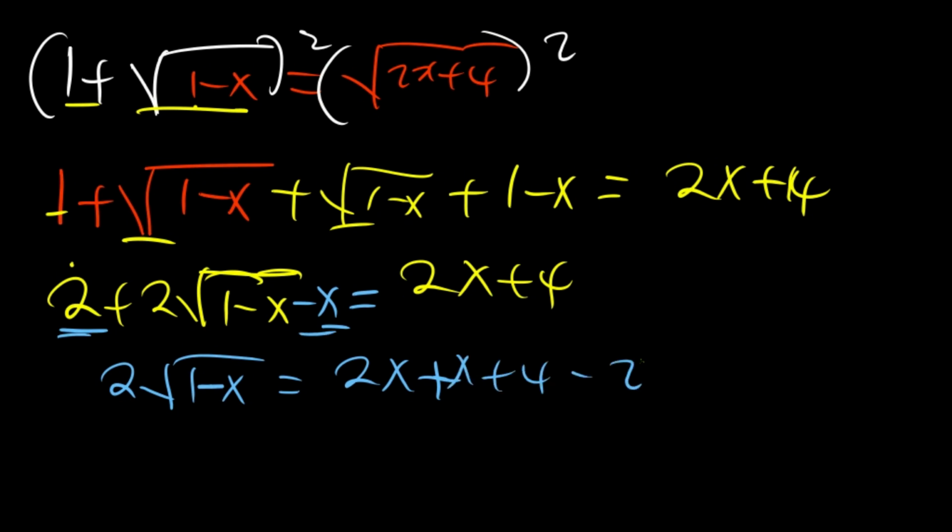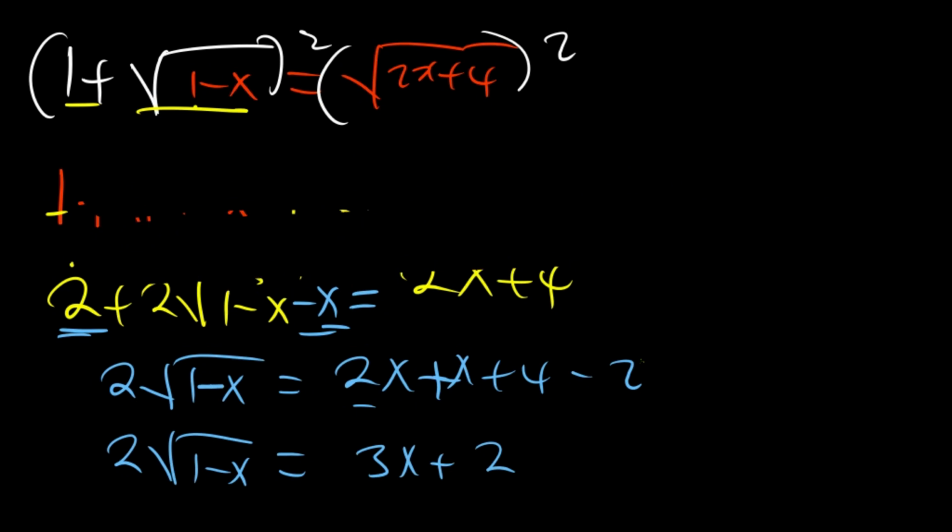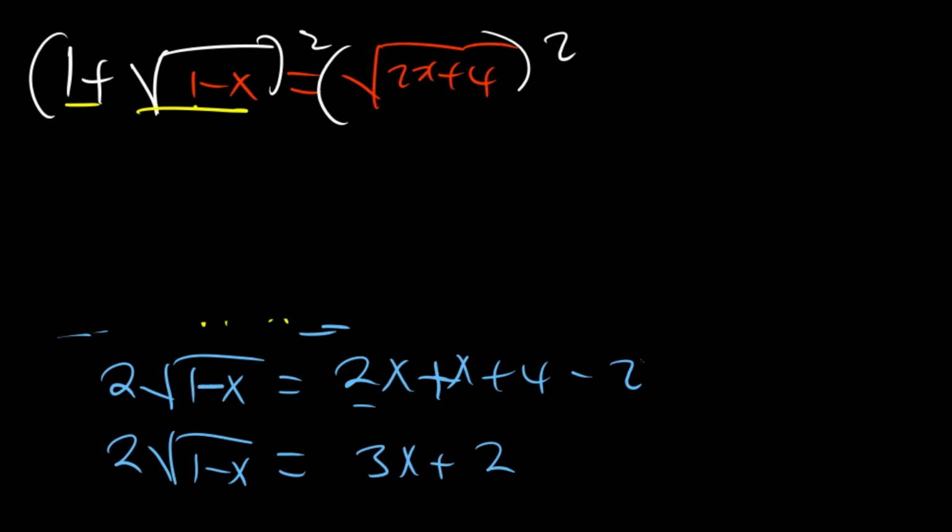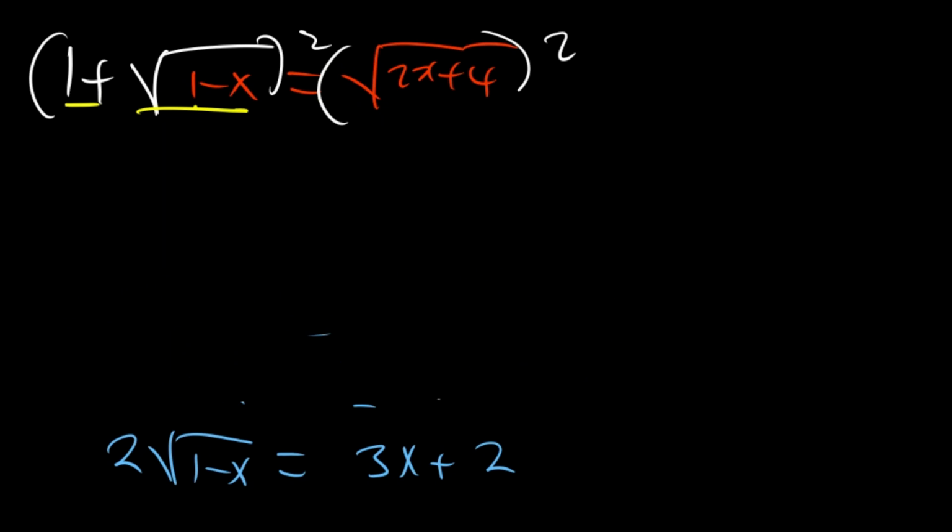I've shifted these 2 to the other side. 2, the root of 1 minus x is equal to this and that, 3x plus 2. Any question? Let's now square.